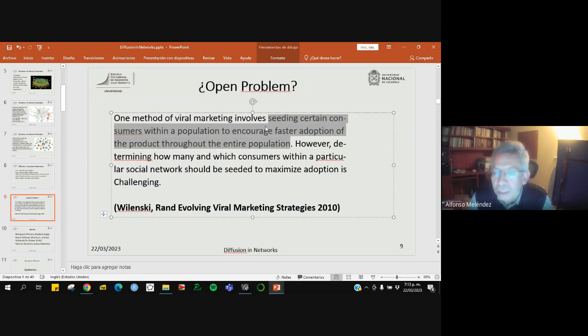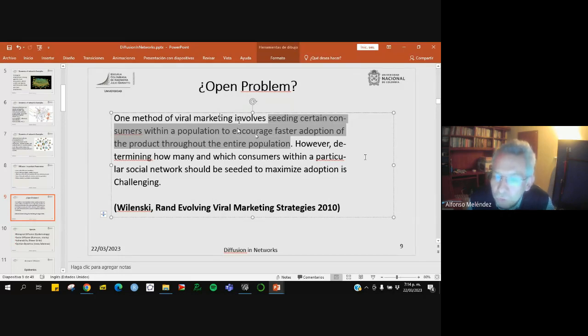It depends on the product you are selling, on various factors. Okay, there is not a general, universal solution to this. For several products there's a strategy, but researchers are trying to find general laws for this diffusion.